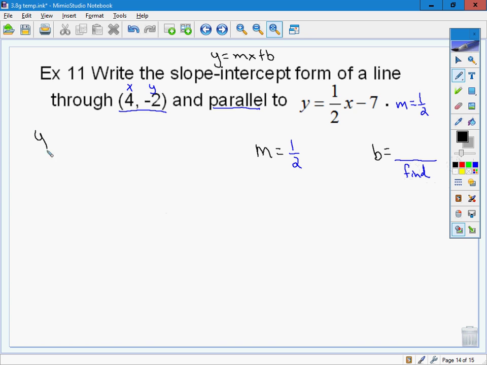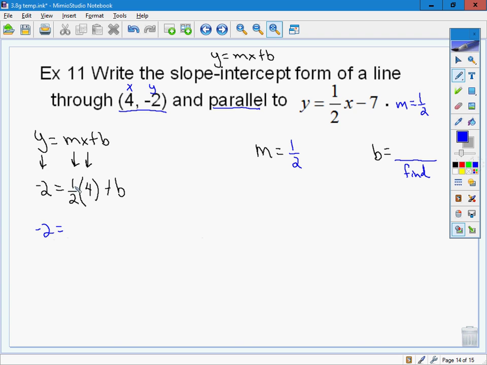Remember, I have this form, y equals mx plus b, but they gave me a y, so I can use substitution and replace it, -2. I know what m is. m is 1/2. I can use substitution and replace it. They gave me an x, and again, I can use substitution and replace it, and I can use this information to find my b.